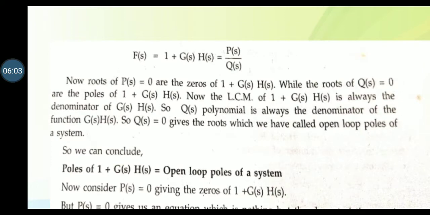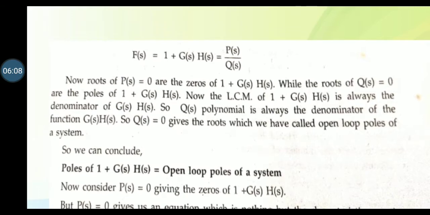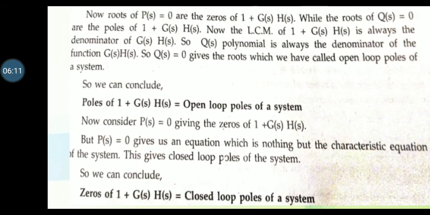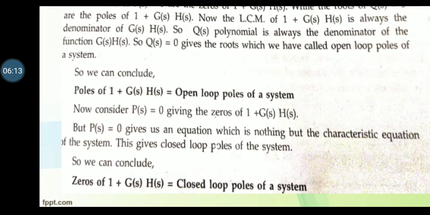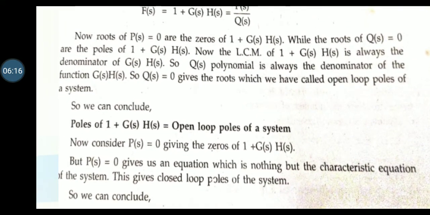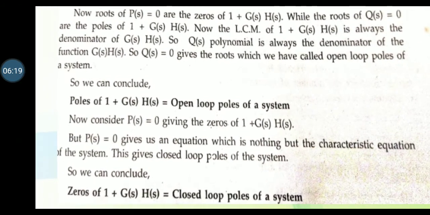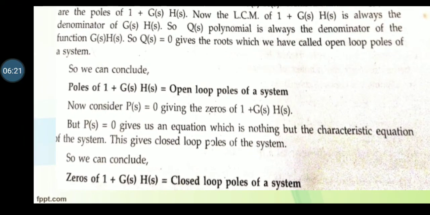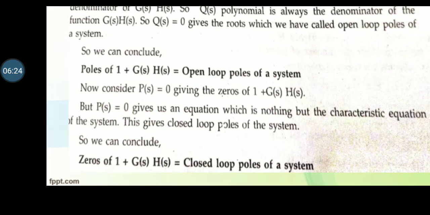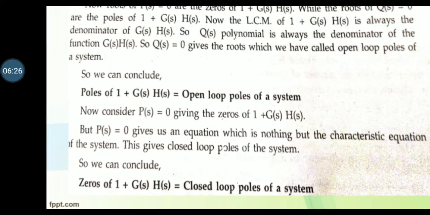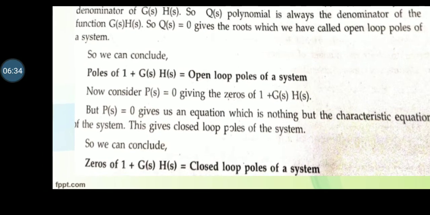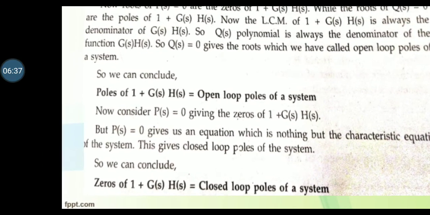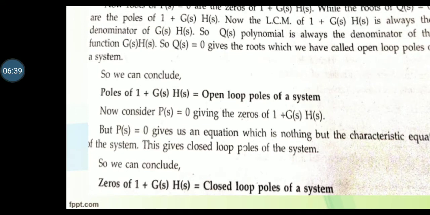The LCM of 1 plus G(s)H(s) is always the denominator of G(s)H(s). So the polynomial Q(s) is always the denominator of the function G(s)H(s). When Q(s) is equal to 0, it gives the roots which we have called the open loop poles of the system. So the conclusion is that the poles of 1 plus G(s)H(s) are equal to the open loop poles of the system.